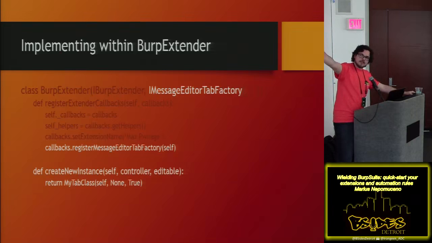The signature for all of the functions, again, you can find in the documentation. That's how I know to pass itself, comma controller, comma editable. All that is doing is returning a tab class. And as you'll see shortly, my tab class will be implementing the IMessageEditorTab. And that's it.